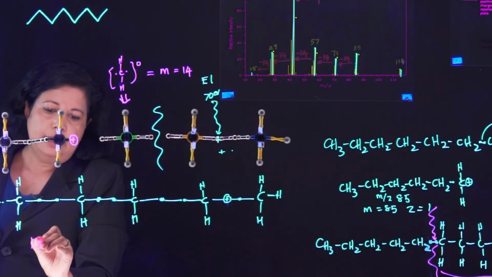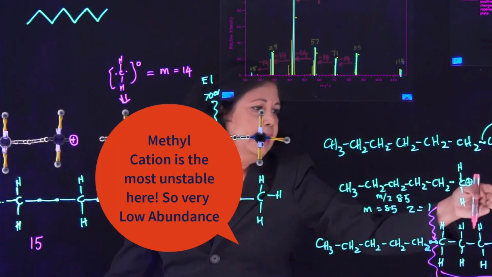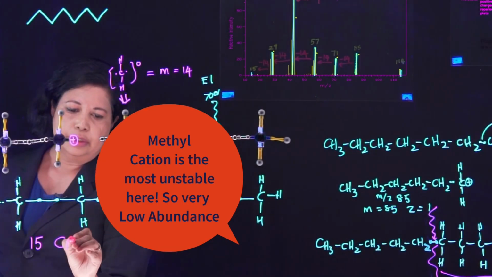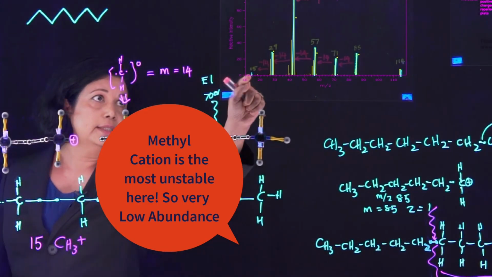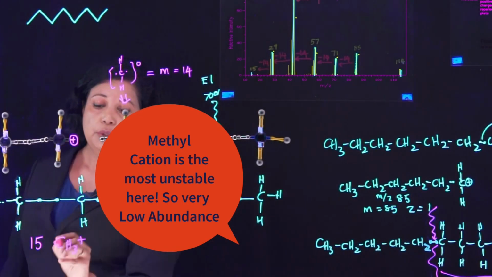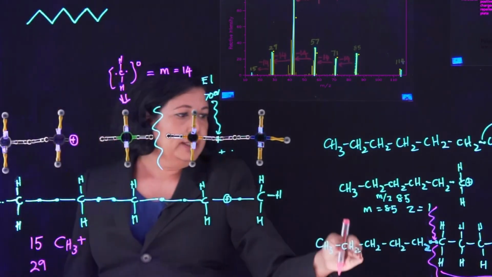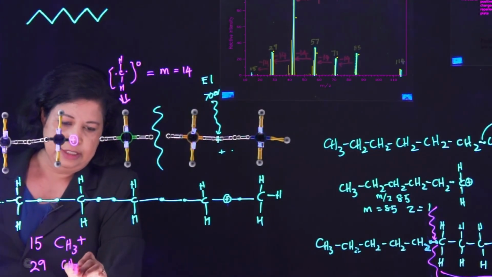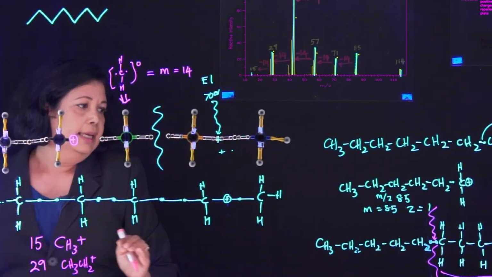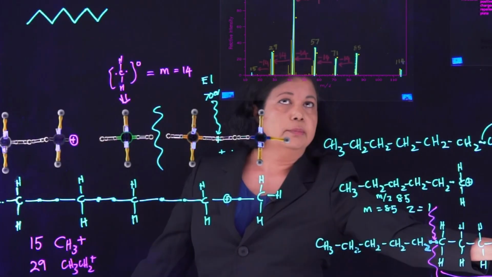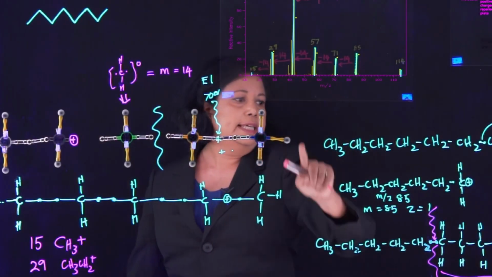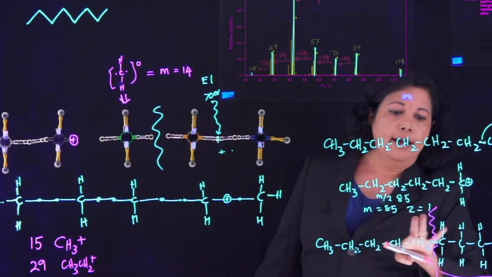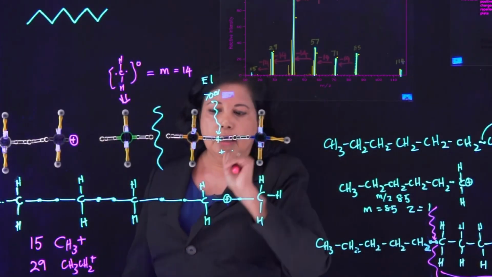So 15 would be if you, let's say, hit it here and your electrons moved over there, that is going to be your CH3 plus, and that's this teeny bit here. 29 is if you hit it here and your electrons moved over, and you're going to get CH3, CH2 plus. And we already talked about 43. 57 is if you hit it over here and had a 4-carbon peak.